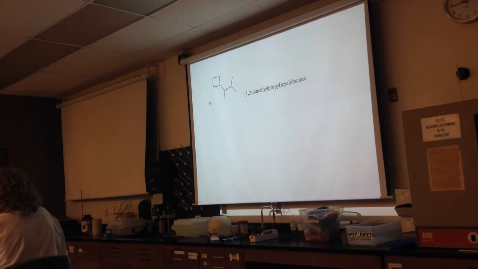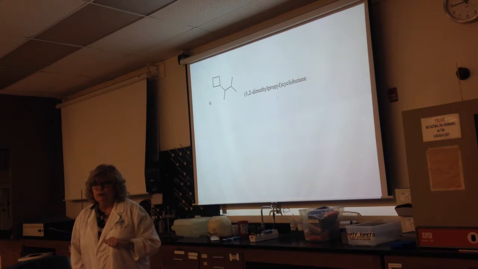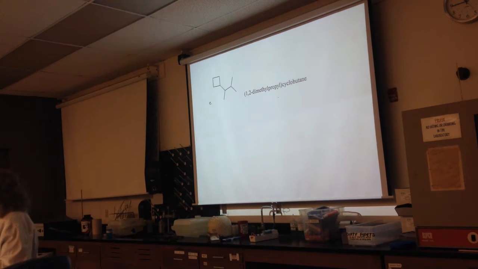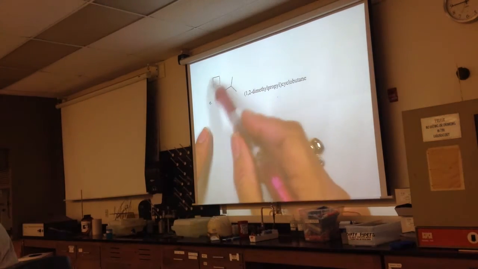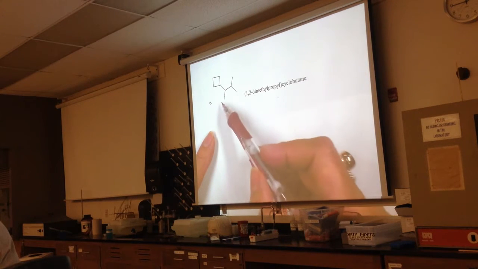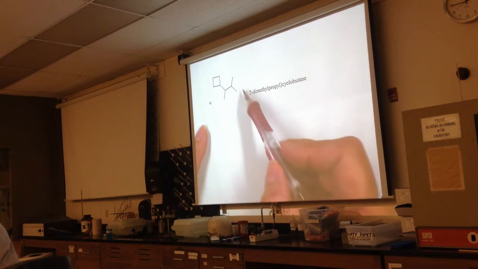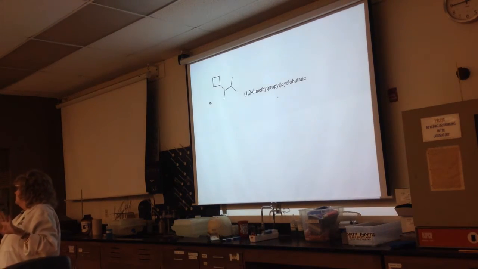That became your 1,2-dimethylpropyl cyclobutane. Back again, right at the beginning, this is 4, and this is 1, 2, 3, 4. It may appear that this is 4, but we all have to have the same name. What's important is that we all can have the same name.